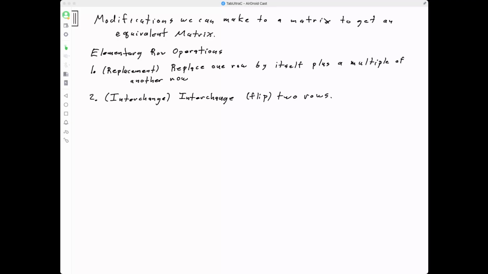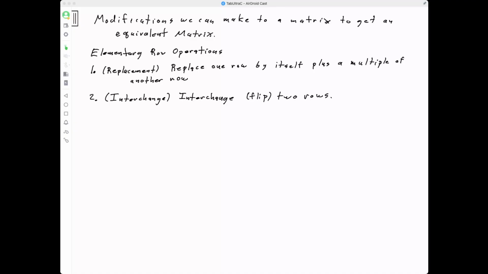This might not be quite as obvious because it's not something that we really talk about in a college algebra class. But the thing that you can think about is if I'm writing down equations, the order I write the equations down doesn't change the system. And so flipping two rows, like switching row 1 and row 3, or row 1 and row 2, just writing them in the opposite order, is the same as changing what order you wrote down the equations in the system of equations. So that's not going to change anything.